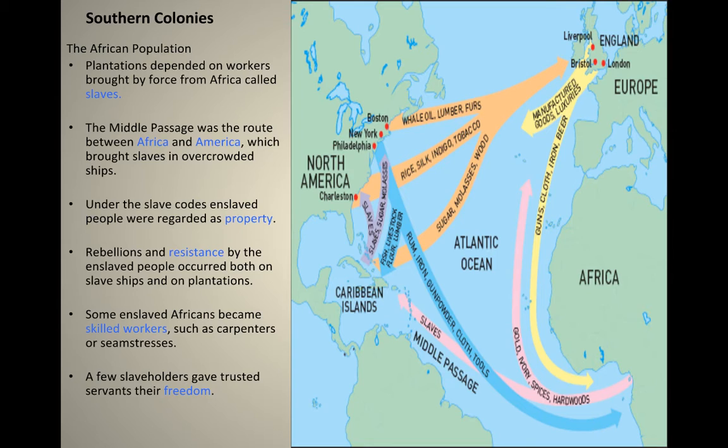Very few people were granted their freedom. There were few instances of positive, but not much positive from this Middle Passage and slaves being forced to work plantations in the South.